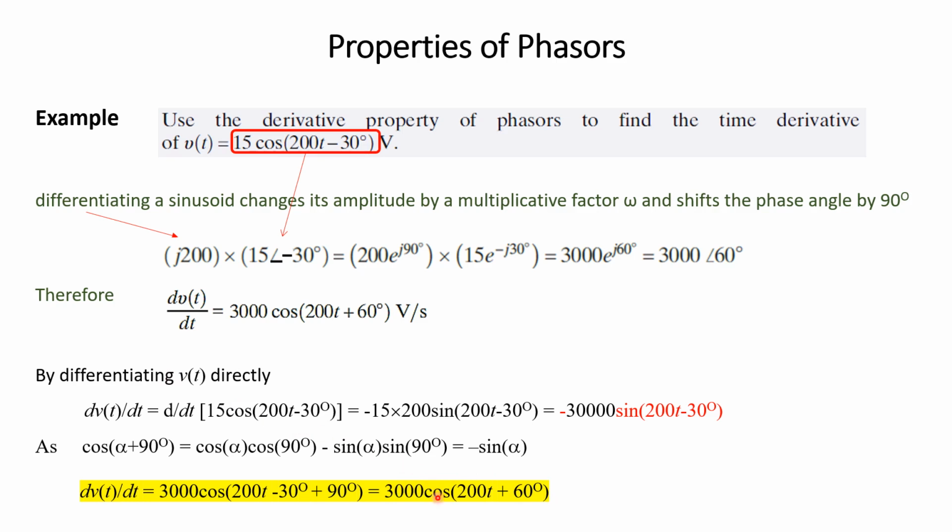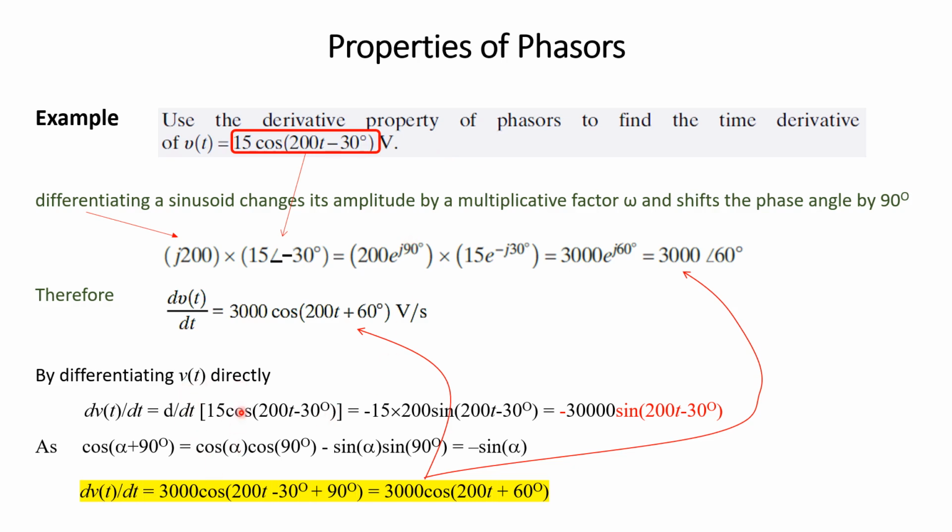If we differentiate in the time domain directly, we get 3000 cosine 200t plus 60. If we represent it in phasors, we take only the magnitude 3000 and only the angle 60 degrees, which is shown here. So this is the phasor representation, and we can exploit this derivative property directly in phasors.